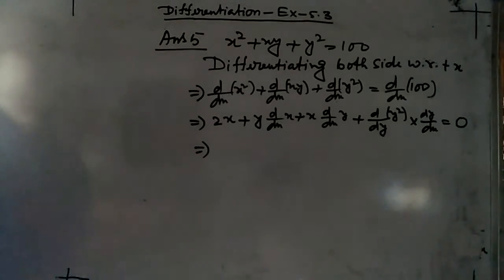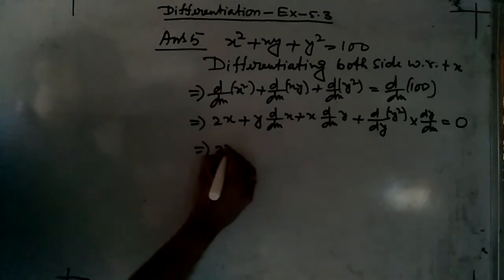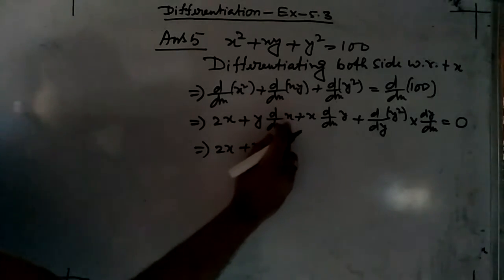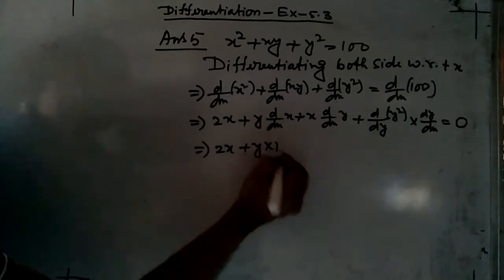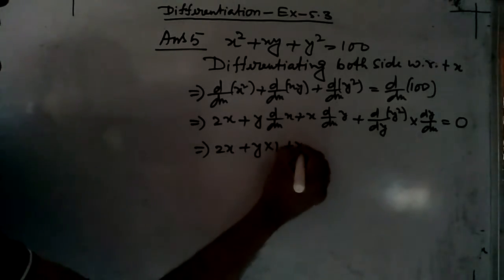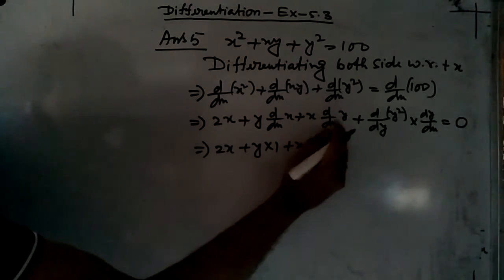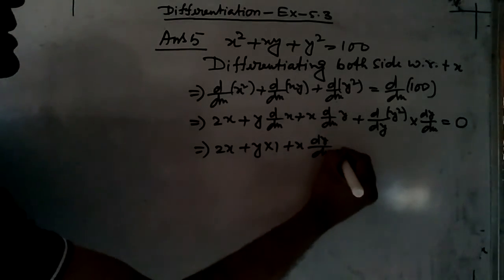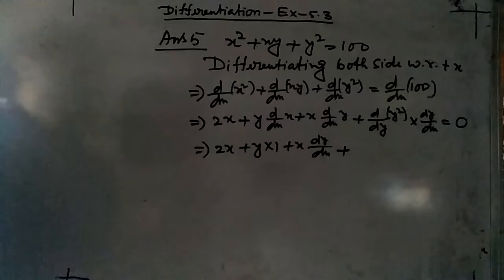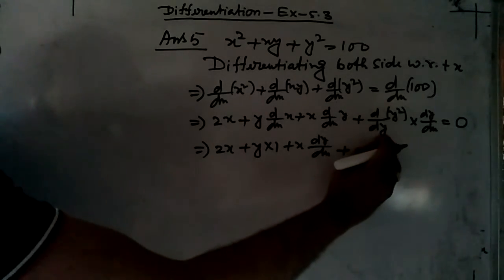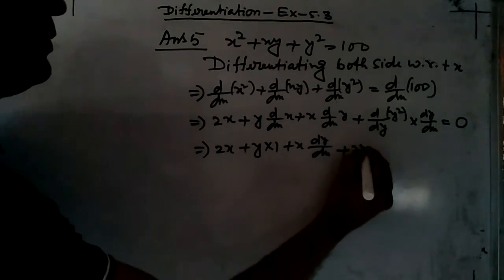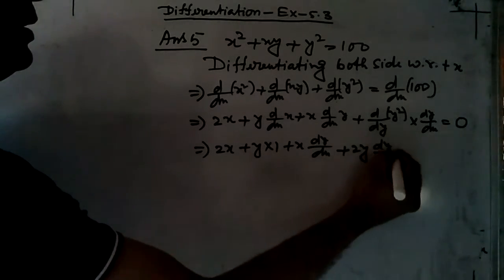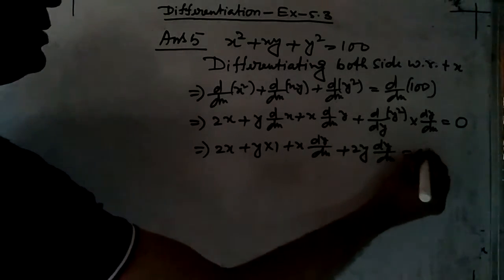So what we got here: 2x plus y, derivative of x with respect to x will be 1, plus x, derivative of y with respect to x will be dy by dx, plus derivative of y square with respect to y will be 2y, right, dy by dx equals to 0.